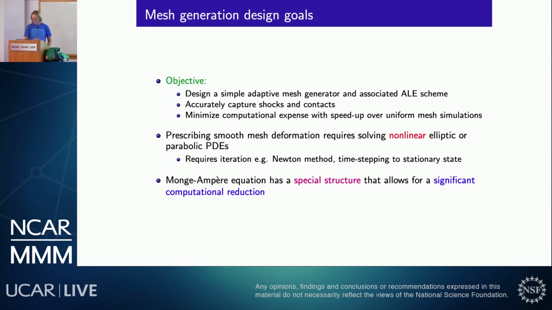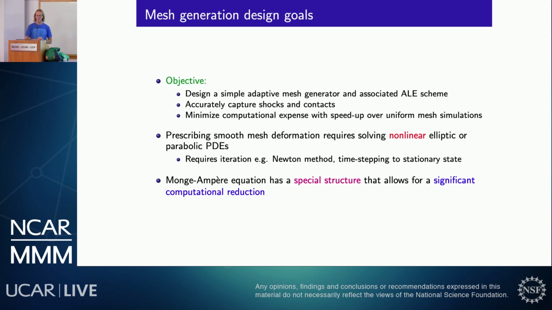Okay, so again, the objective here is to have someone give you information as to how they need a mesh to deform around fine-scale structure, and then in turn, you provide for them that mapping that takes, say, a uniform collection of nodes, maybe on a rectangular grid, and maps them to whatever geometry you want.